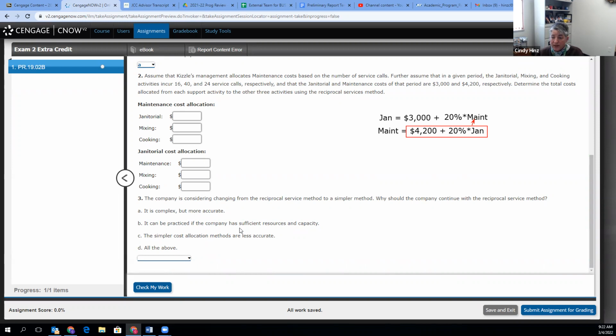It can be practiced if the company has sufficient resources and capacity. The simpler cost allocation methods are less accurate. And since A and C are both true, then the answer, without even answering whether B makes sense, we know the answer has to be all of the above, because A and C was not an option.